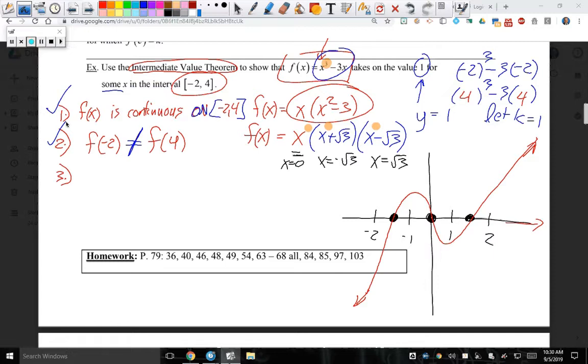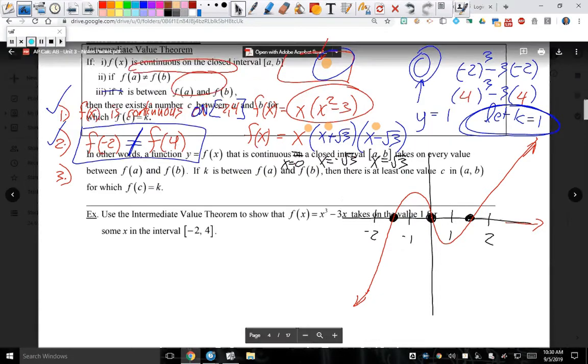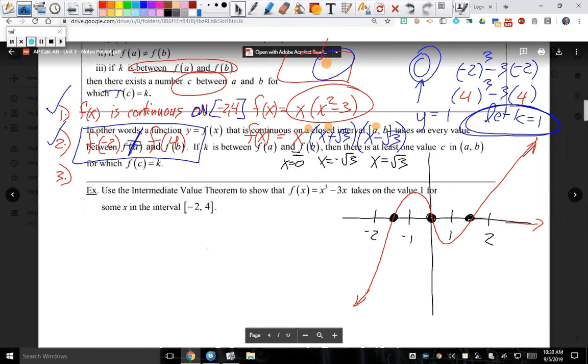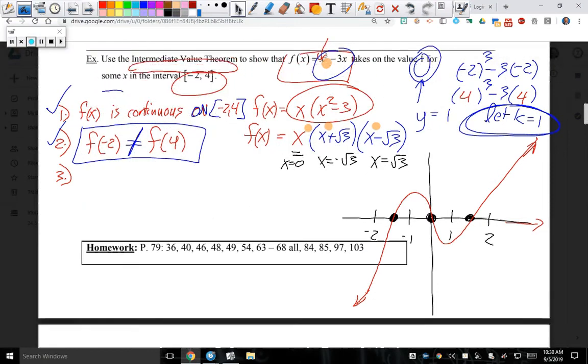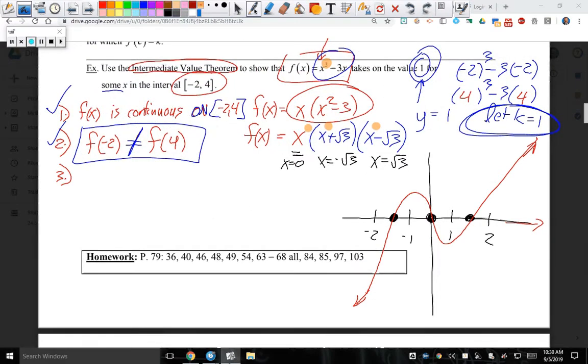Can you fit this k value of 1 in between -2 and 52? Yeah, it does fit. So we're going to, just like you have on the proof up here, watch up here, if k is between f of a and f of b. So let k equal 1.